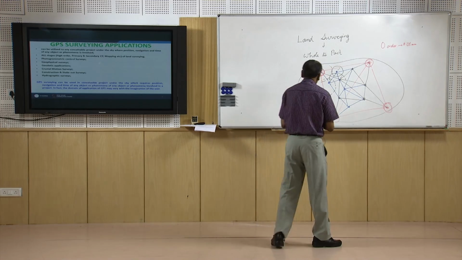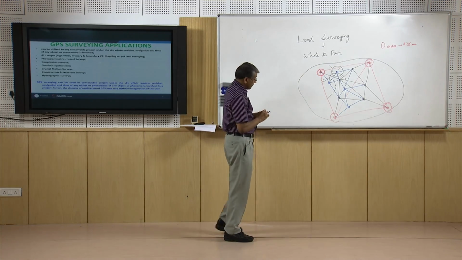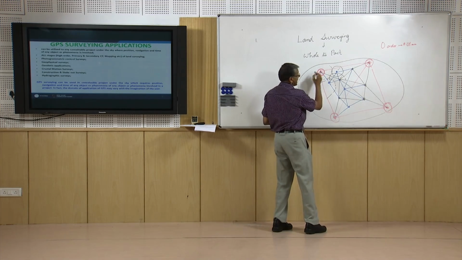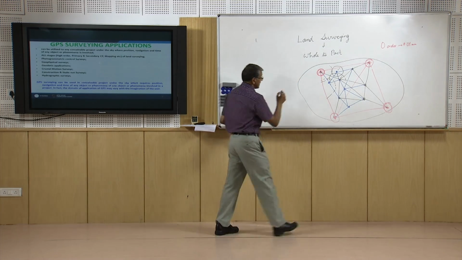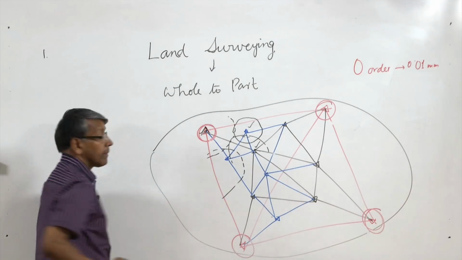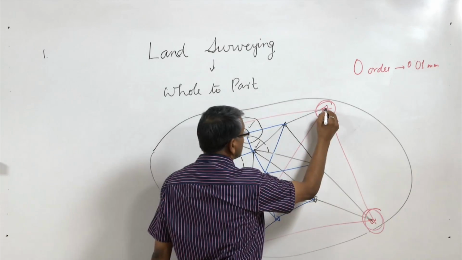Now next, land surveying. Nowadays GPS is being used to measure the baseline. Now what is a baseline? It is the distance between two primary control points.